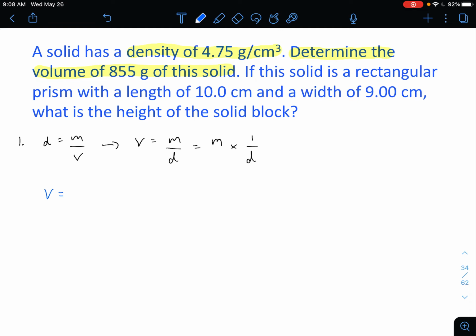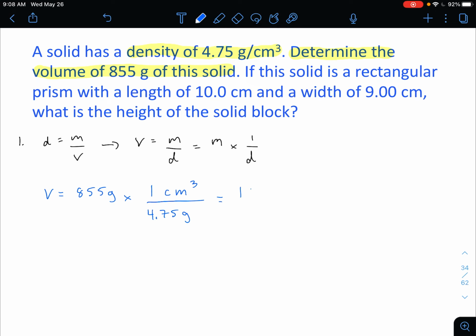So volume equals 855 grams, that's the mass. And then the density is 4.75 grams per centimeter cubed. But I want to flip it around, right? So it's going to be 1 centimeter cubed divided by 4.75 grams. So let's check this one.